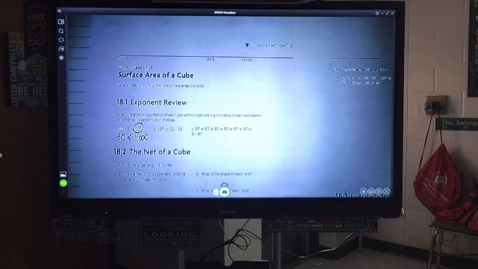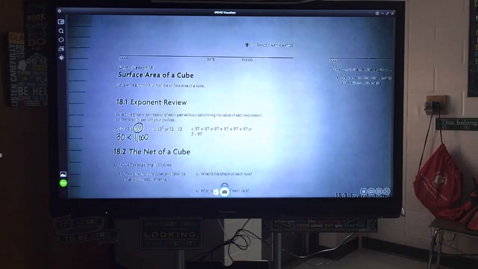Stand up if you said 13 squared is greater than 12 times 12. Okay, have a seat. Stand up if you said 12 times 12 is greater than 13 squared. Make sure that you're standing or not standing.